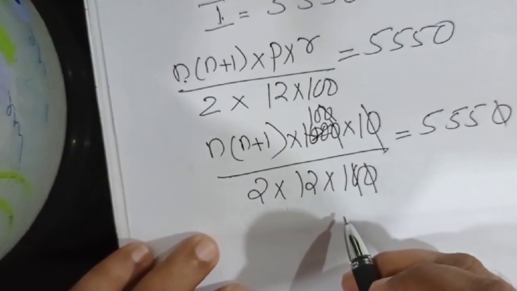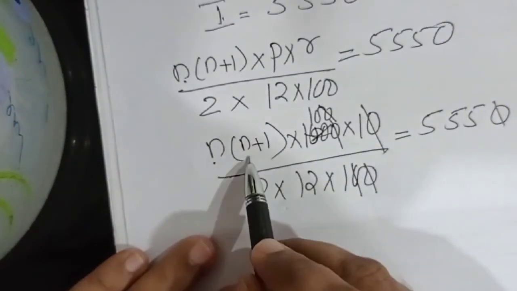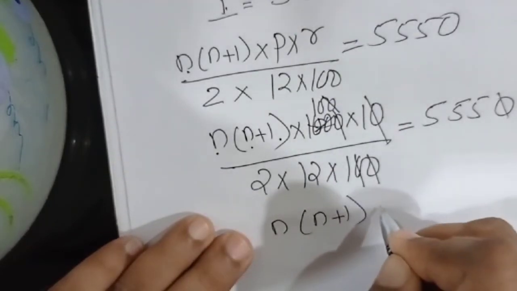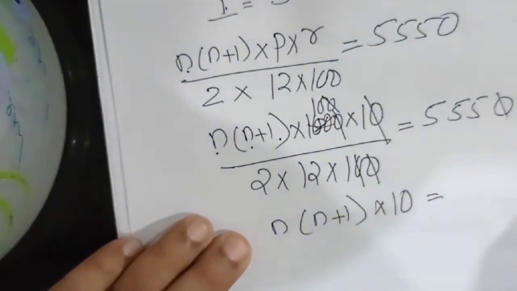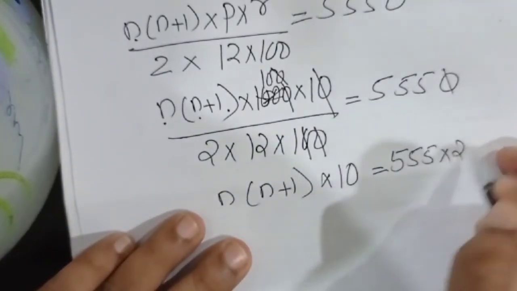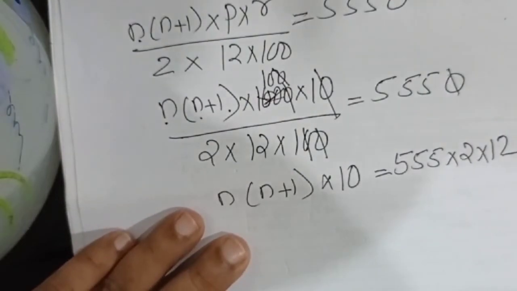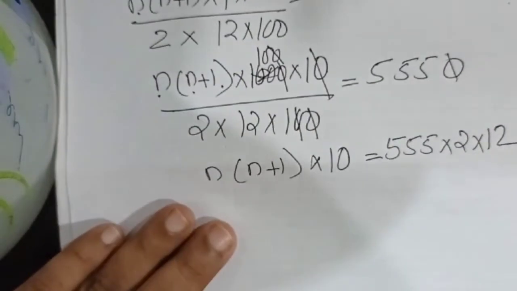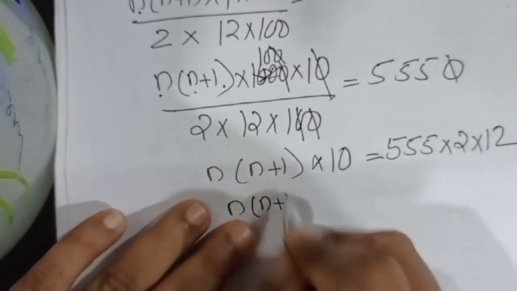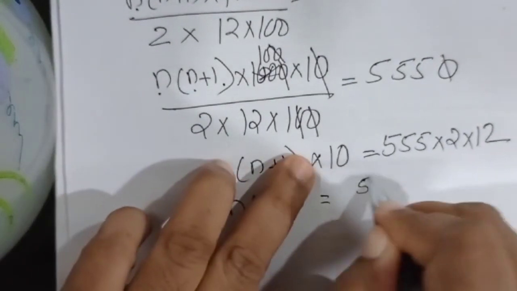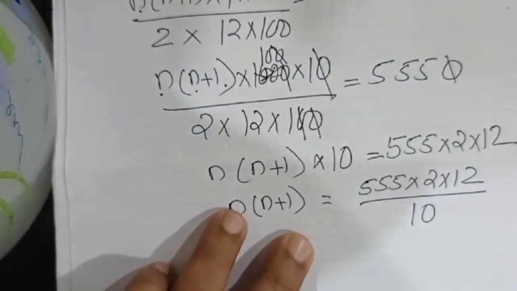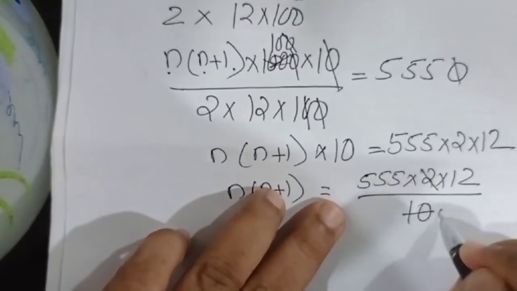Then you will get here n into n plus 1 into 10 equal to 555 into 2 into 12. That is n into n plus 1 equal to 555 into 2 into 12 by 10. 2, 10 cancel 5.